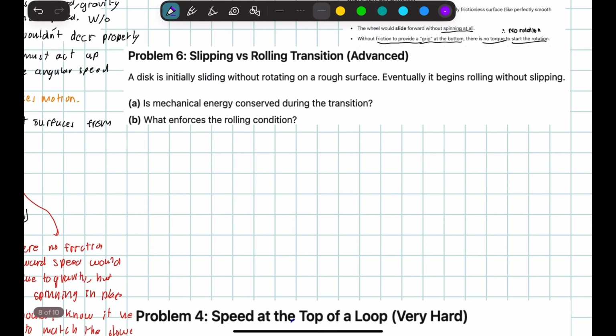So now let's go to our last question. A disc is initially slipping without rotating on a rough surface. Eventually, it begins rolling without slipping. A. Is mechanical energy conserved during the transition?